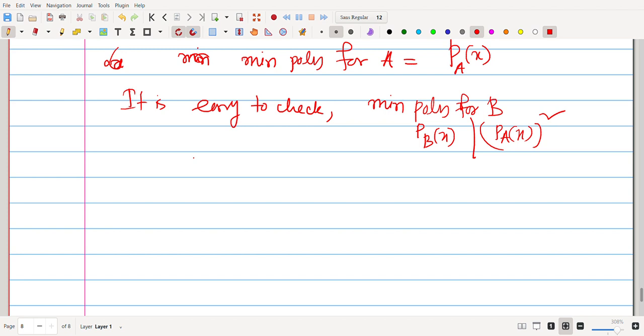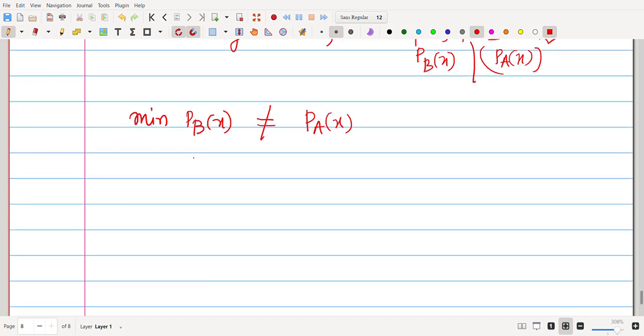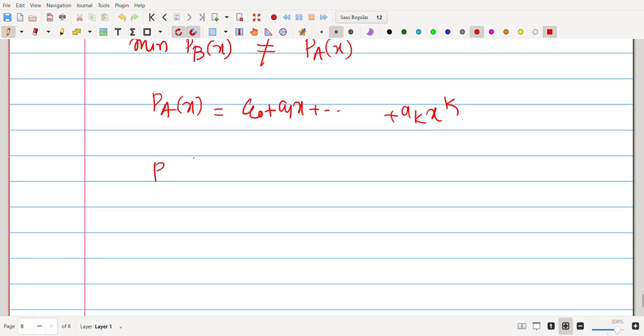Now if B is diagonalizable, then what can we say about this? It is P_A(x) squared. Can it be possible if A is non-zero? Now see, the minimal polynomial for B cannot be P_A(x). Why? Because say P_A(x) is a0 plus a1 x plus up to ak x to the k.